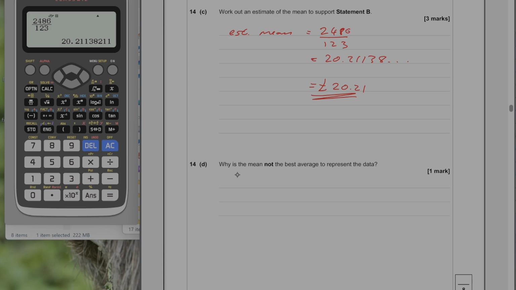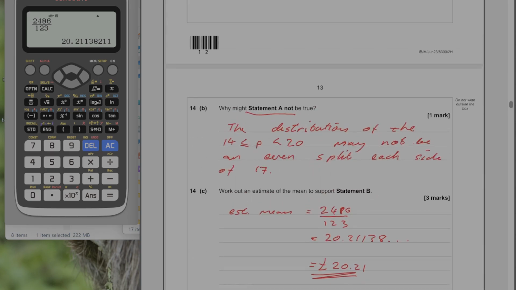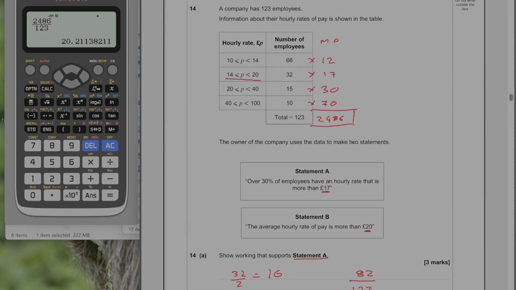Okay, part D. Why is the mean not the best average to represent this data? So let's have a quick look at the data. The majority of people earn far less than that, so it's been impacted by the high earners.